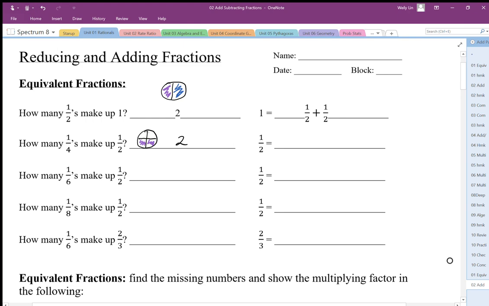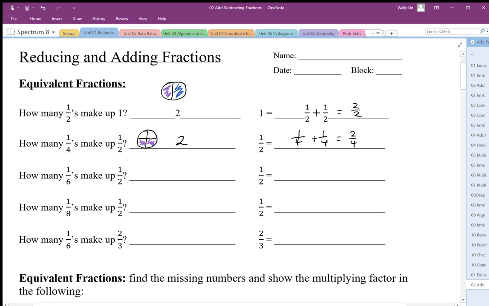And the equation then would look like this. It would be 1/4 plus 1/4, which is 2/4. So 2/4 and 1/2 must be equivalent fractions. Same here with 2 over 2. 2/2, two parts to 2 parts whole gives us 1 whole.